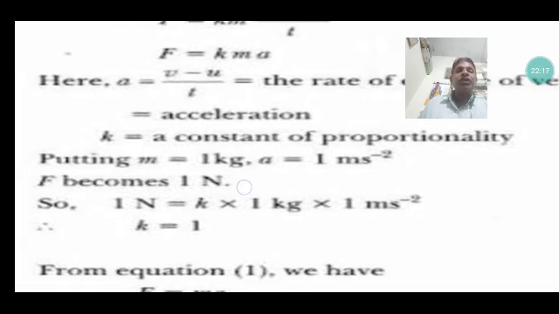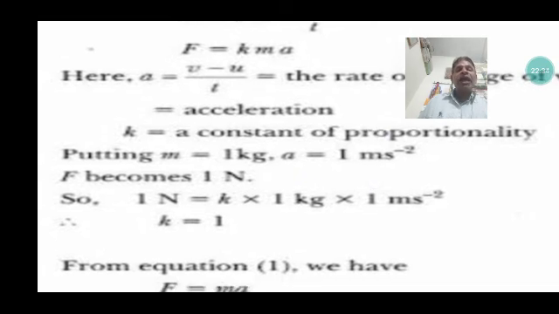Putting m is equal to 1 kg, which is the SI unit of mass, and a is 1 meter per second squared, the SI unit of acceleration, F becomes 1 Newton. So 1 Newton is equal to k into 1 kg into 1 meter per second squared. Here k is equal to 1, that is, the constant of proportionality is 1.